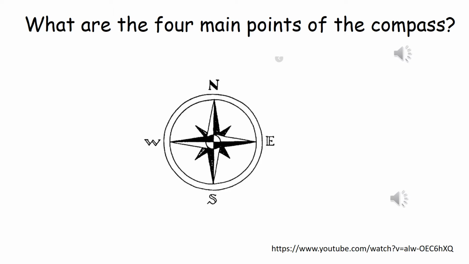So there are 4 main points of the compass, and they've been marked on my little symbol here with an N, an E, an S and a W. Have a think. Do you know what those letters stand for and what directions they tell us about on the compass?